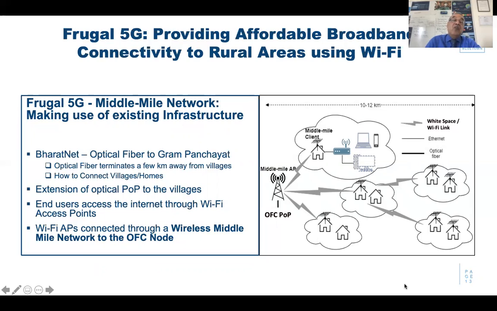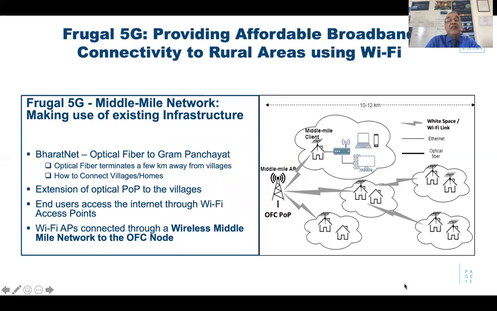The technology used for that has to be unlicensed. Normally we use a Wi-Fi link, but for the middle mile part, from the tower to a middle mile client, it can be E band, V band, even white spaces. It can be anything actually, and in some cases even optical fiber.